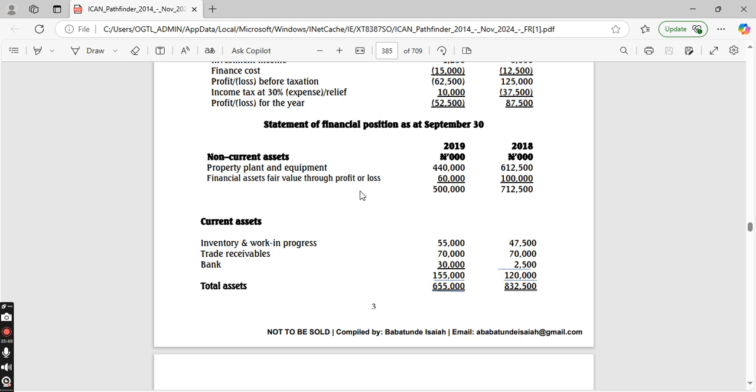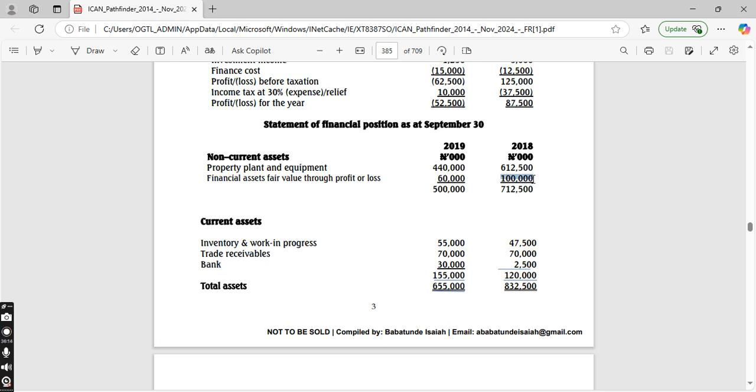Some of you might be wondering, I mentioned that anything under non-current asset should be under investing activities, but this one is through profit and loss. So that's why we are bringing it to our P&L account, our operating activity.